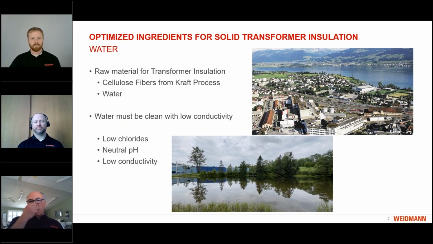If you look in the upper right, that's our press board mill in Rapperswil, Switzerland. The lake you see there in the background is actually the Lake of Zurich. So this is very clean water that we use for our processed water. The lower one, this is where Brad and Jason and I are from, St. Johnsbury, Vermont, and that's a pond that we get our water from for the facility as well.